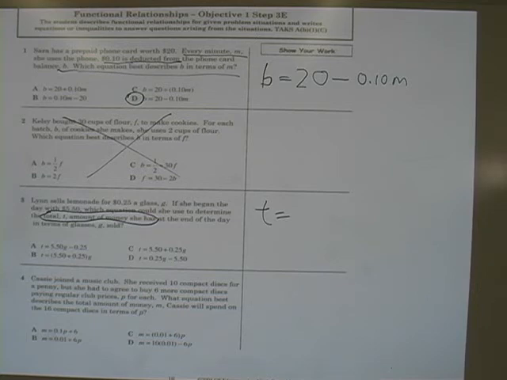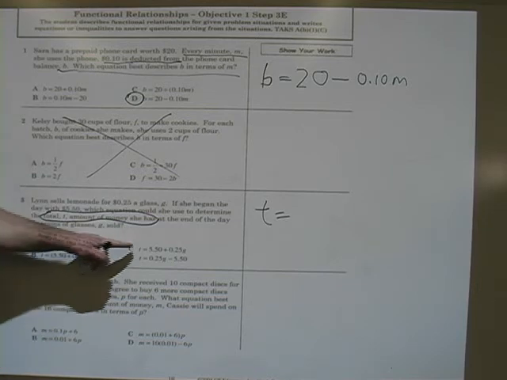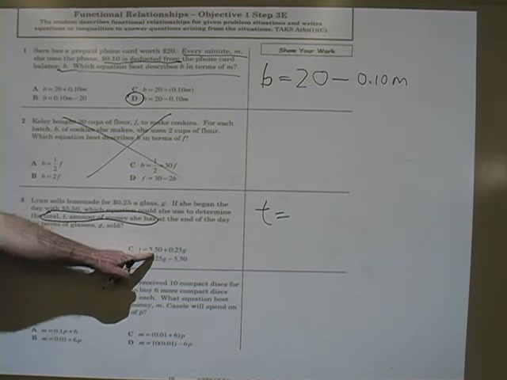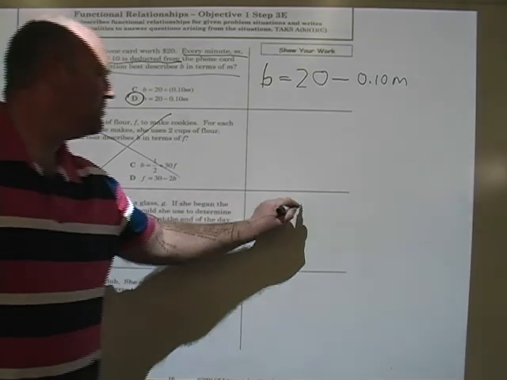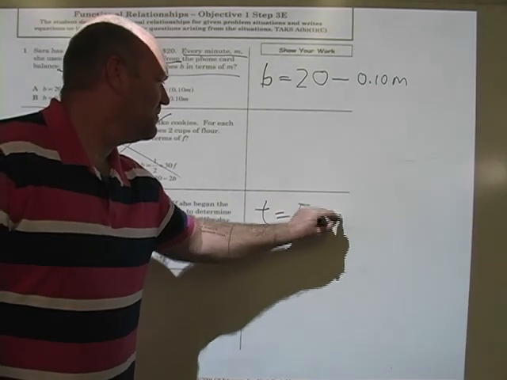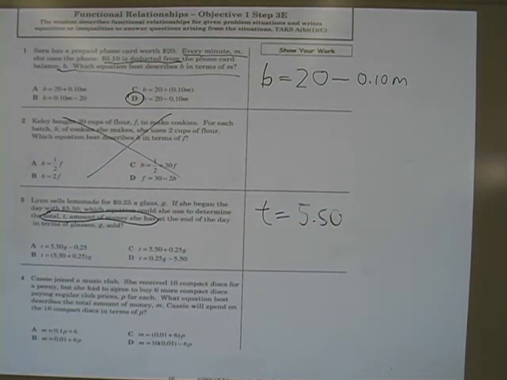Okay, she starts out with $5.50. Each glass is 25 cents, which is 0.25 G. And you can only go up. You can't multiply that or else you're charging more, and you can't go down either. And you can't put in parentheses because it's 5.50 plus 0.25 G, and you need the G out of parentheses.